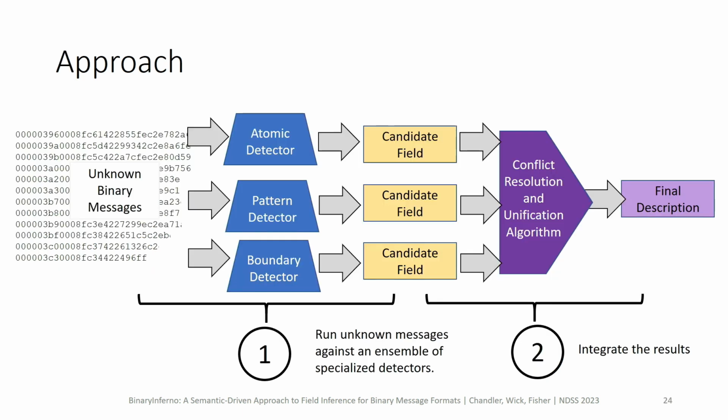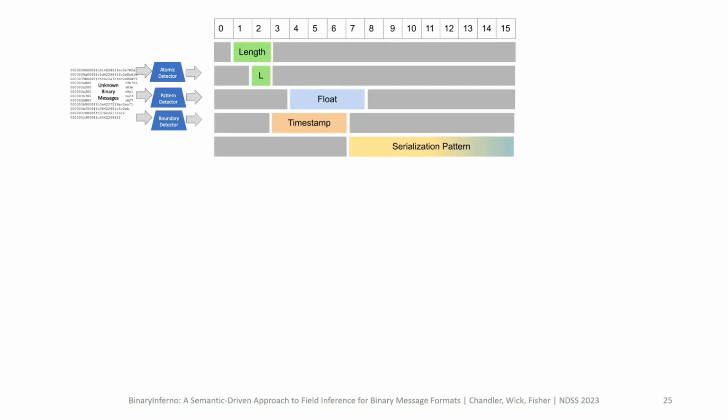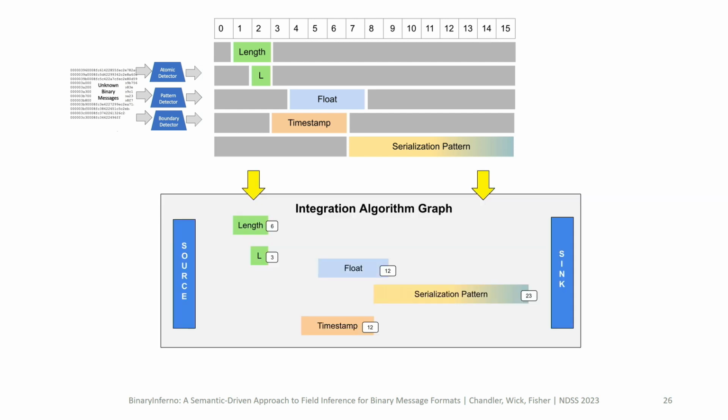Okay, so we've talked a little bit about how we collect the clues. How do we put them together? We start off by taking all the clues we found and we create a graph. We introduce each of the fields we found from our ensemble as a node in our graph.